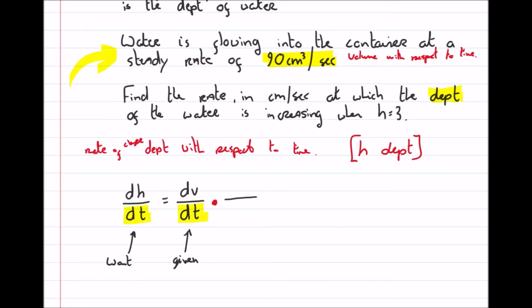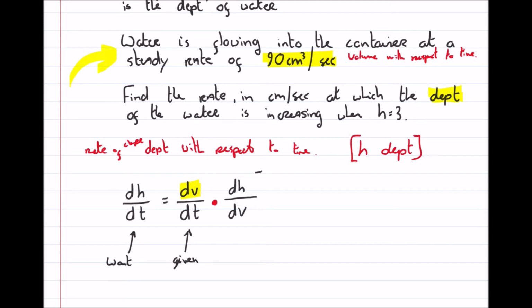What we need then is over here a dh. So dh, and then we have a dv here, so we need a dv here.